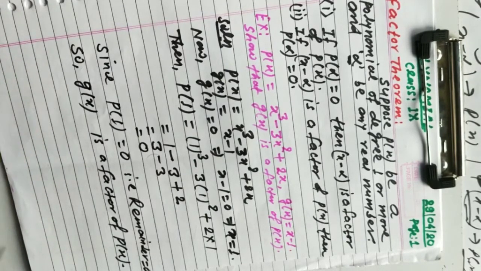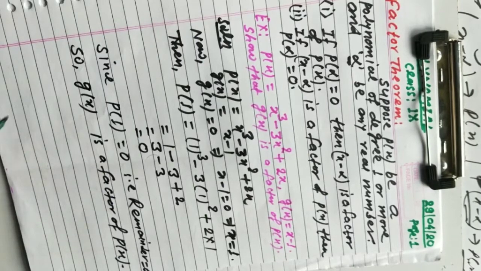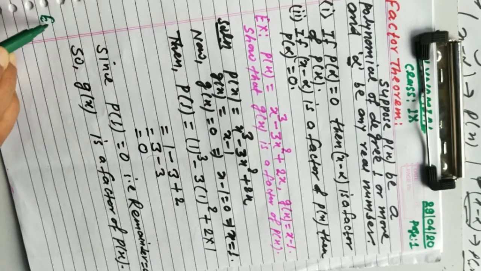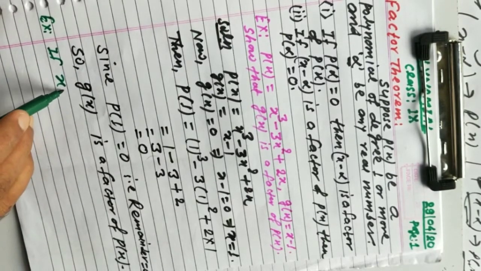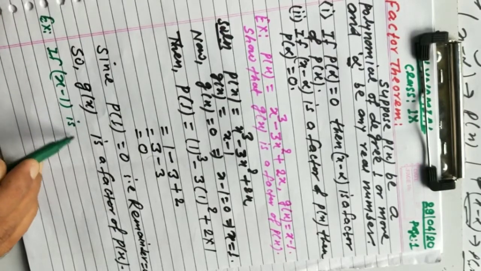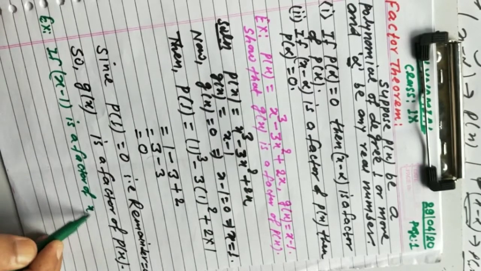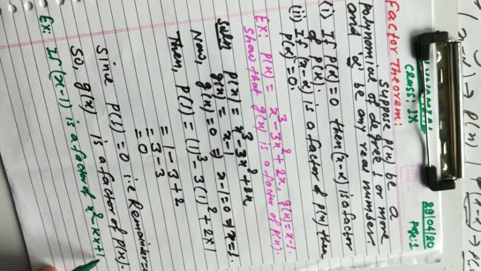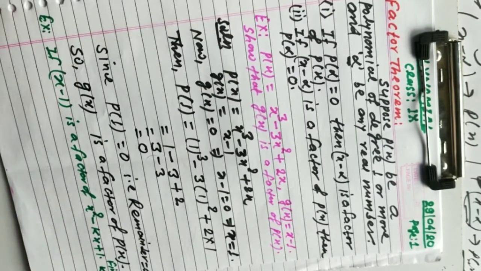And if it is given that x minus alpha is a factor of given polynomial, suppose another example, if x minus 1 is a factor of x square minus kx plus 1, then find k.